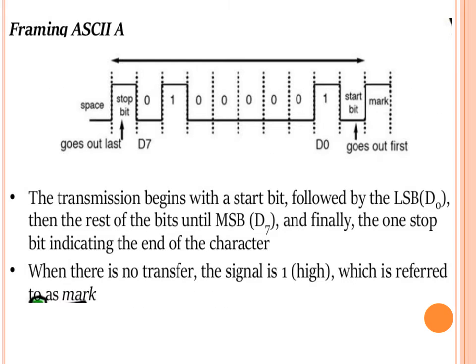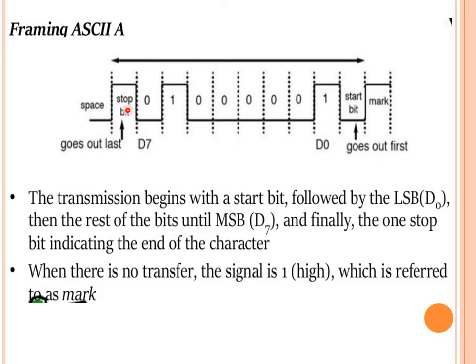We will see the framing of ASCII character A. This is the framing format of ASCII character A. This is the mark, start bit, then LSB, bits 1 0 0 0 0 0 1, that is D0, D1, D2, D3, D4, D5, D6 and D7.